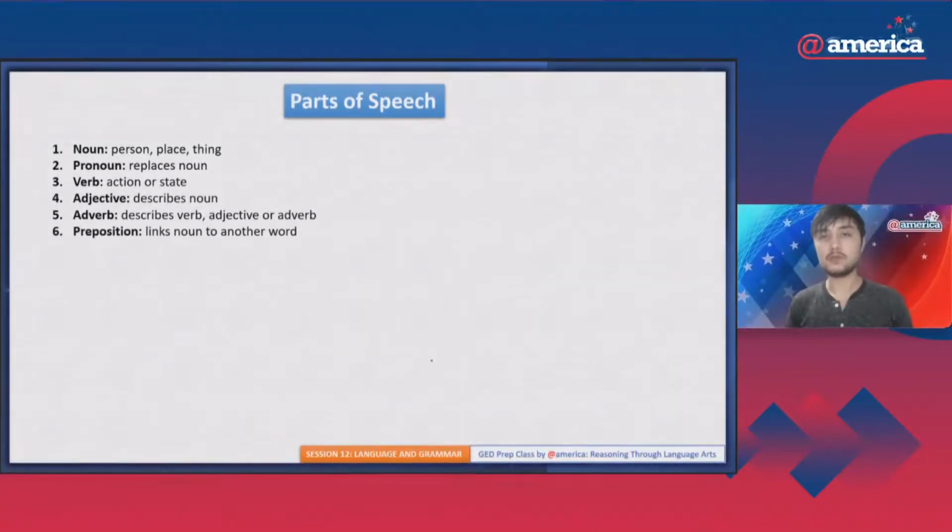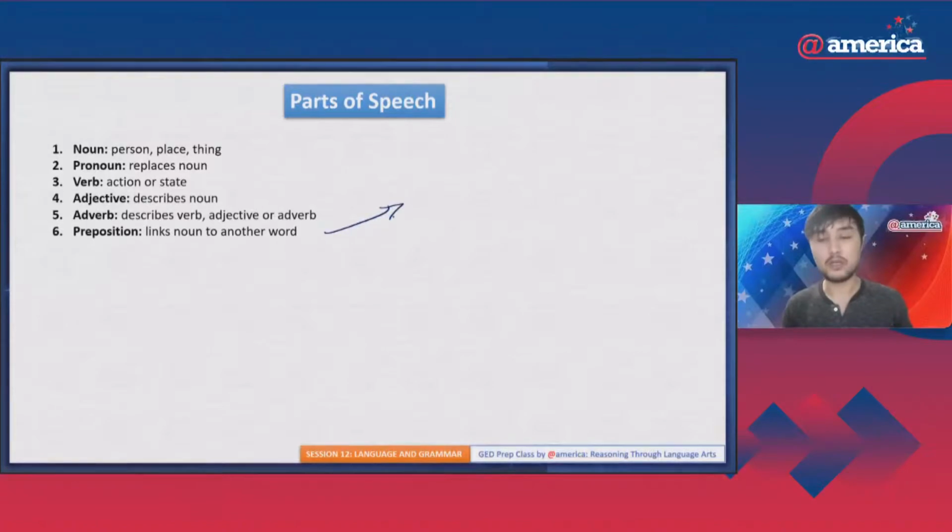Now let's go to the next one, which is a preposition. For the preposition, we have words that we use to link a noun with another word in a sentence. It doesn't really matter what noun you have. You can always use prepositions to connect them to other words in the sentence.